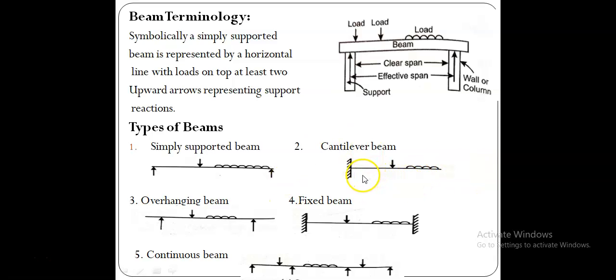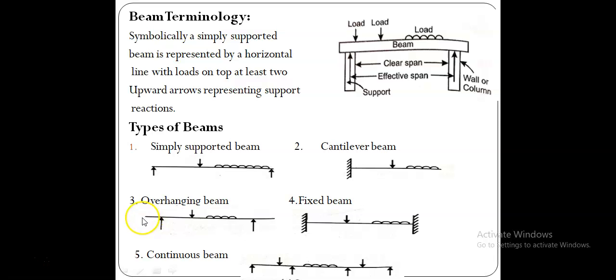So a cantilever beam can simply be said to be a horizontal member fixed at one end, with the other end free. That is called a cantilever beam. The next type of beam is the overhanging beam. An overhanging beam is nothing but a simply supported beam, but at its ends the member is projected.